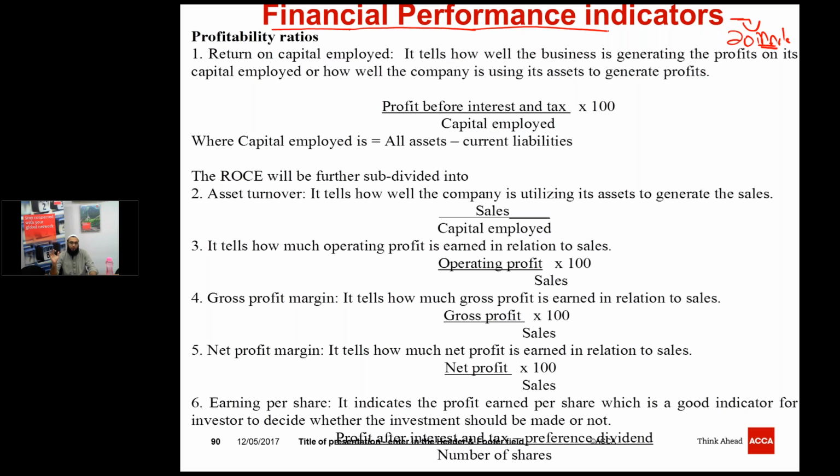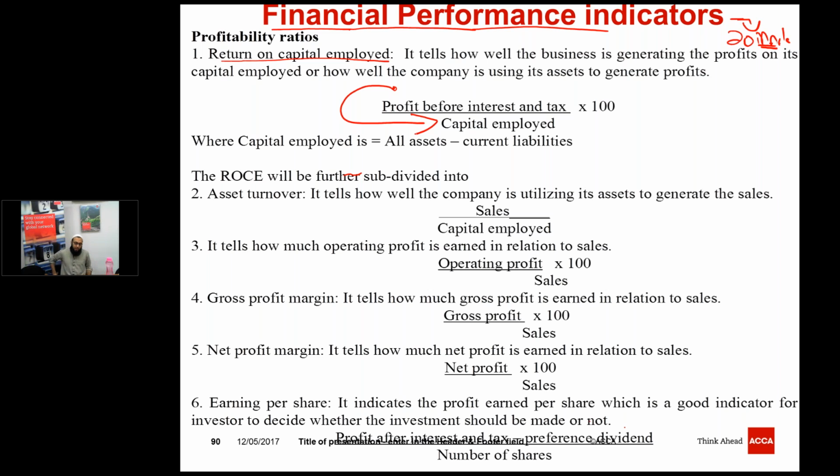So now listen very carefully without any distractions. I'm skimming through them one by one, the purpose of each ratio. If we start with the return on capital employed, it tells you how much profit the business is generating over its capital employed.